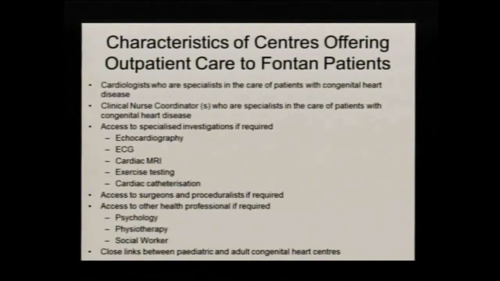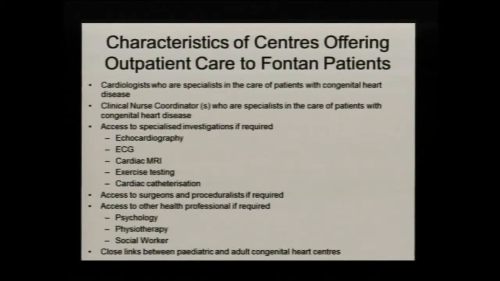these tests, and they include ultrasounds of the heart, ECGs to monitor electrical activity, MRIs to obtain more detailed pictures of heart function and the structure of the heart and blood vessels, tests of your exercise performance to gauge your capacity now and also to provide some reference for the future, and perhaps cardiac catheter tests to investigate cyanosis or closed fenestrations or abnormal veins that open up and cause reduced oxygen levels.